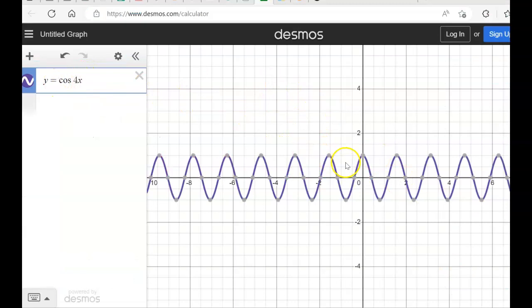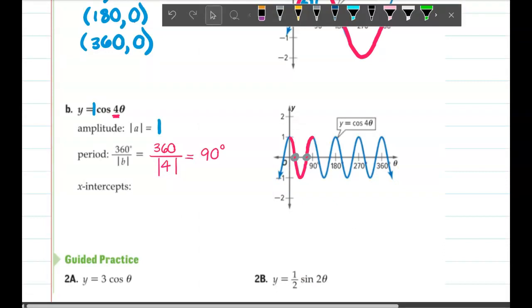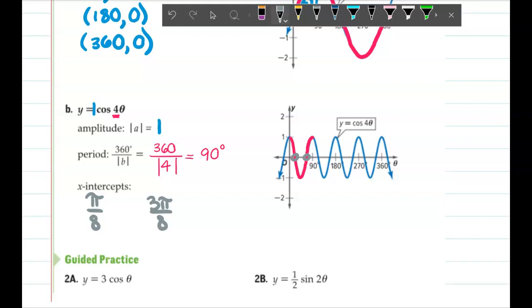So let's go ahead and put it into Desmos so that we can clearly see what those x-intercepts are. Having typed the function into Desmos, we can see right here pi over 8 and 3 pi over 8. So Desmos is reporting these to us in radians, and we want to report our answers in degrees to be consistent. So pi over 8, 3 pi over 8. Let's go ahead and just jot those down for a minute. To convert back to degrees, you're just going to multiply these by 180 divided by pi.